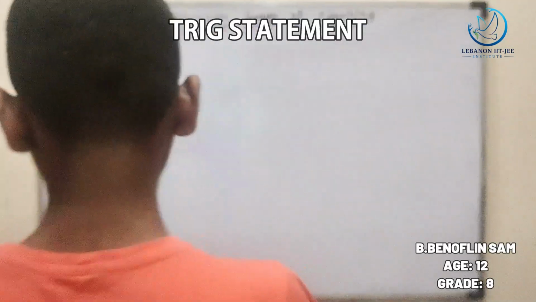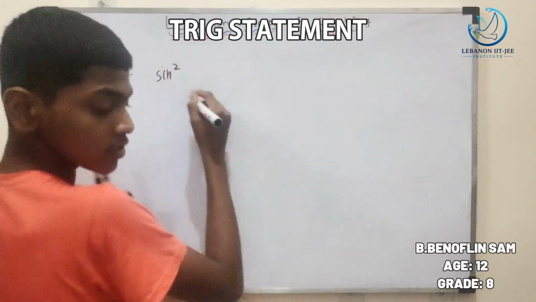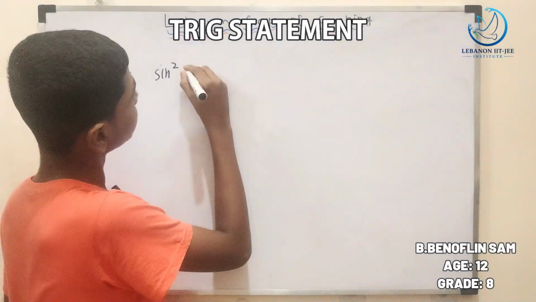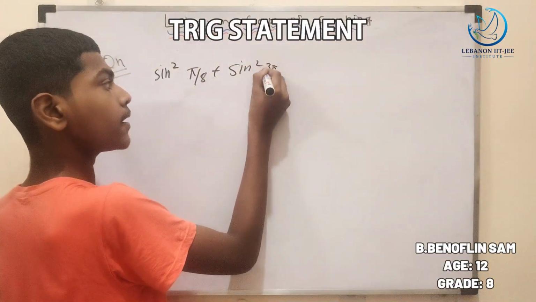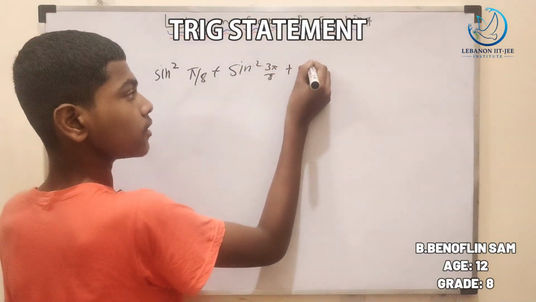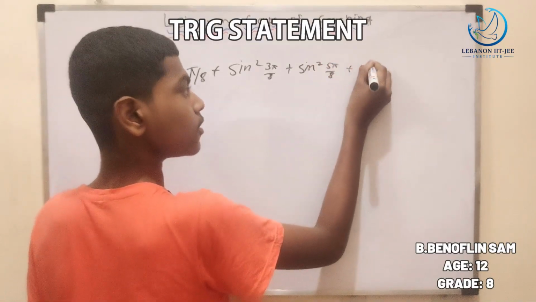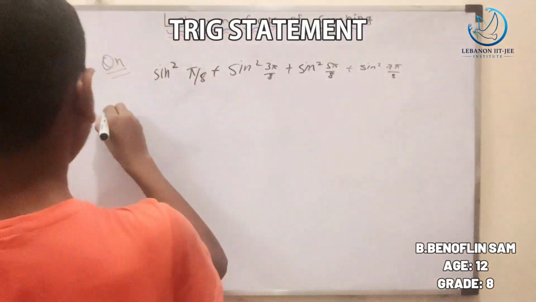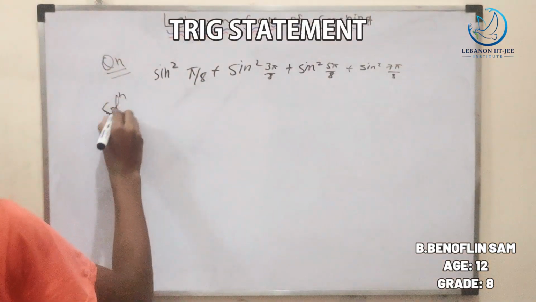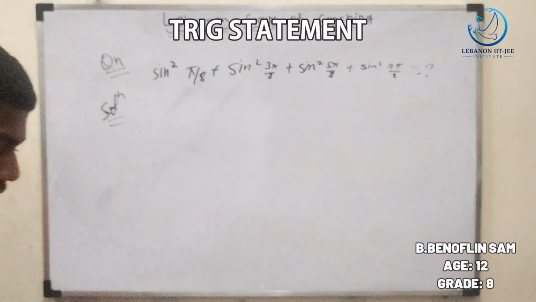sin square pi by 8 plus sin square 3 pi by 8 plus sin square 5 pi by 8 plus sin square 7 pi by 8 is equal to what they asked. We can do the same thing.